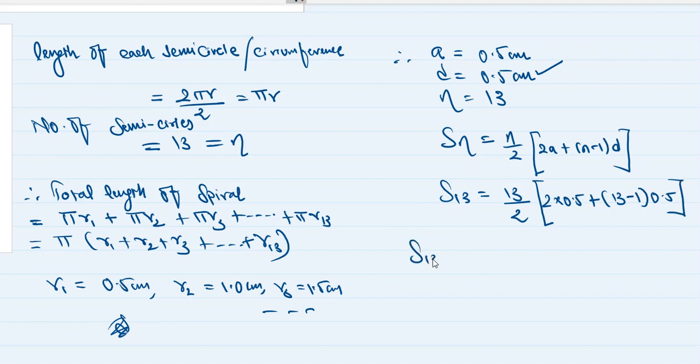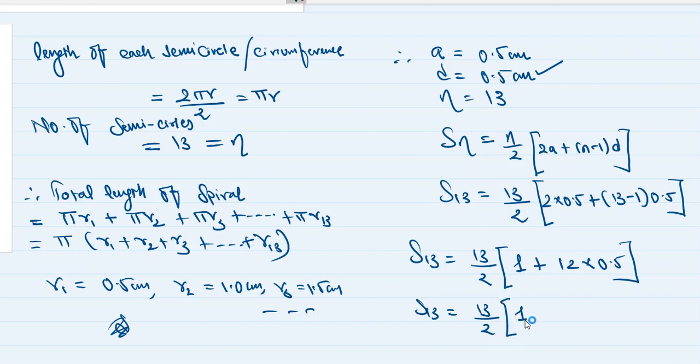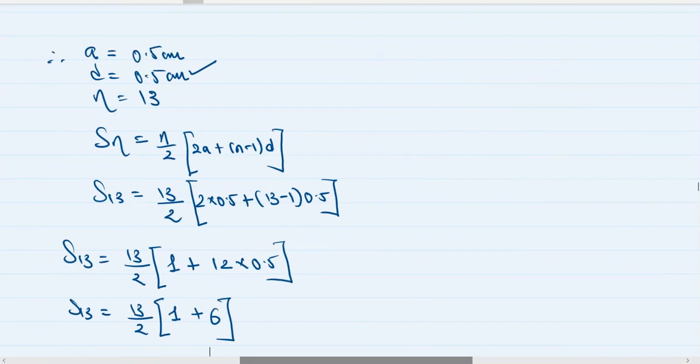Okay, so sum of 13 terms is equal to 13 by 2 bracket 2 into 0.5 is 1 plus 13 minus 1 is 12 into 0.5. So sum of 13 terms is equal to 13 by 2 bracket 1 plus 6, that is 13 by 2 multiplied by 7.